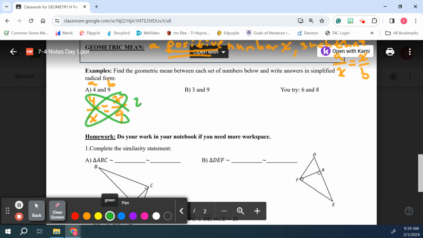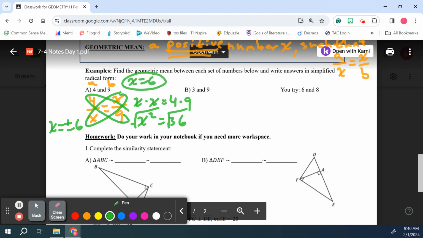So this is going to be x times x equals 4 times 9, which is x squared equals 36. I take the square root of each side. I'm getting x equals plus or minus 6, but can I use the negative 6 here? No, because it says positive. So in this case, it's just x equals 6.